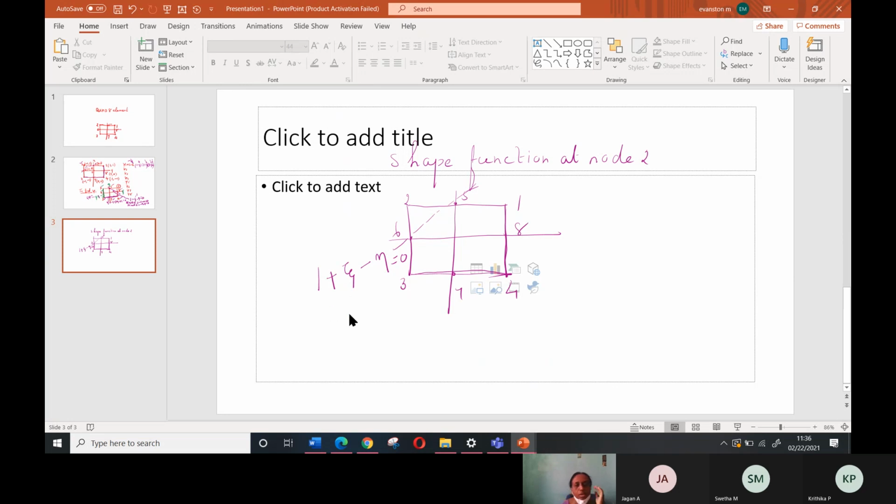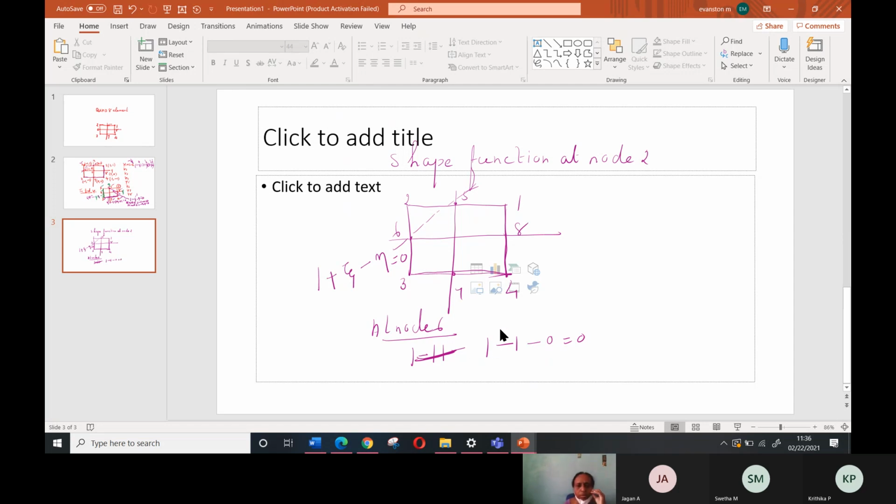So I'll check now what is happening at node 1, node 6. At node 6, xi is equal to minus 1 and eta is equal to 0, so 1 minus 1 minus 0 is equal to 0. So at node 6 it is satisfied.